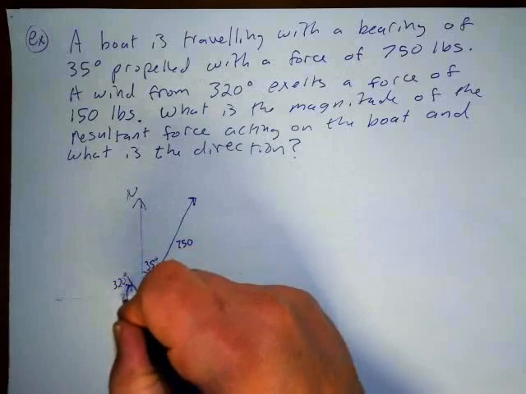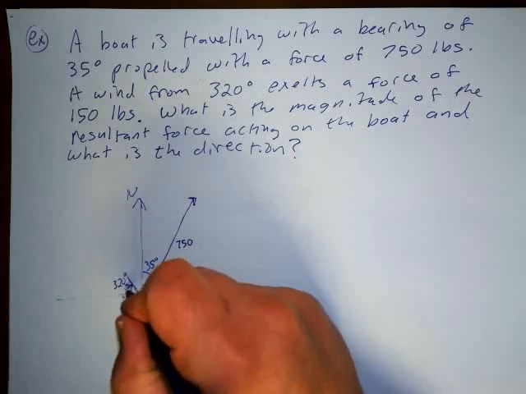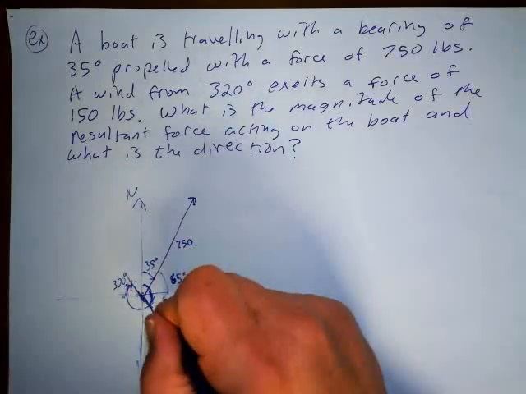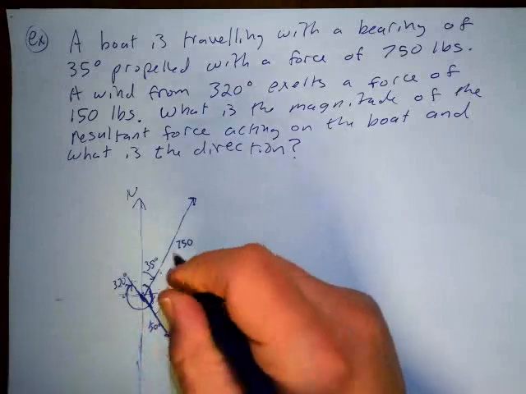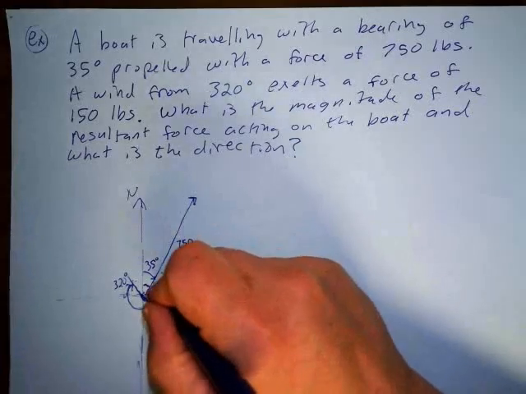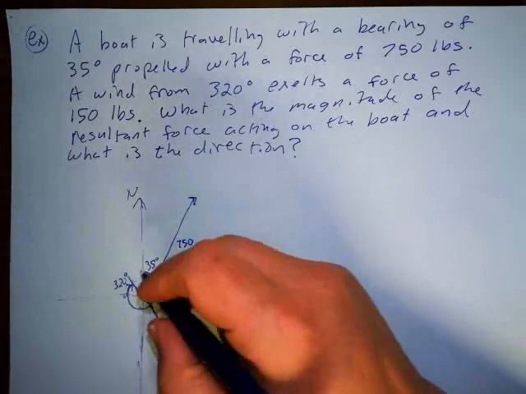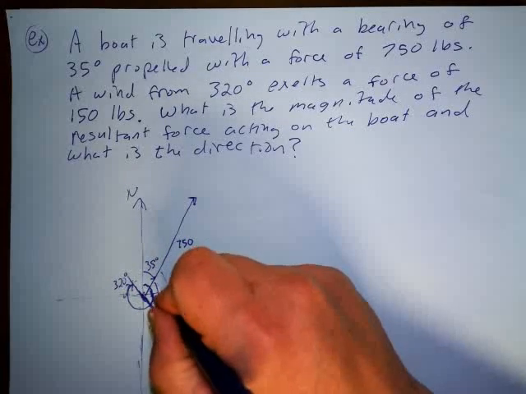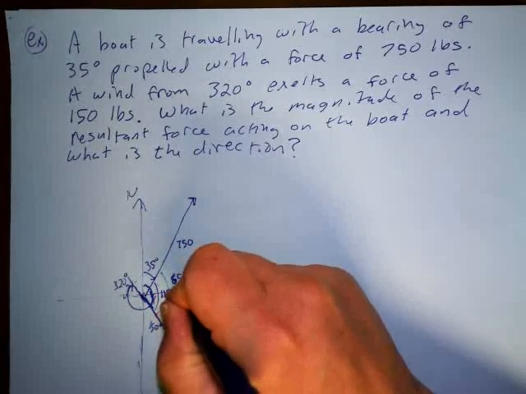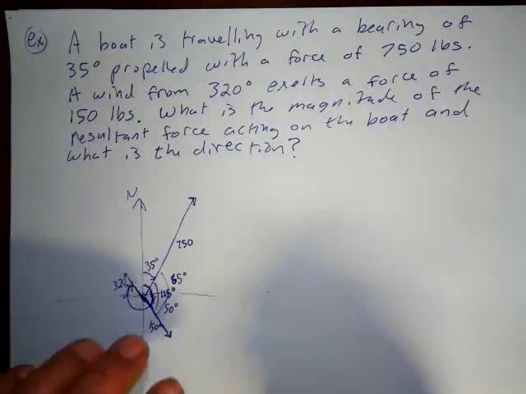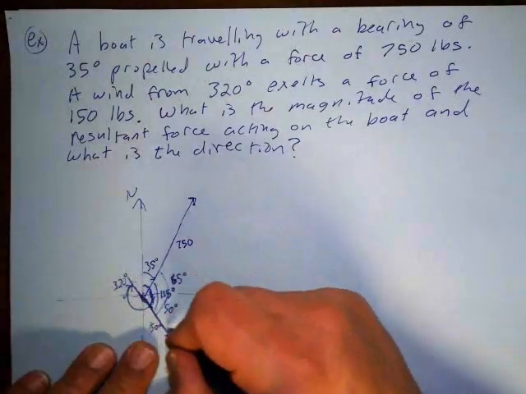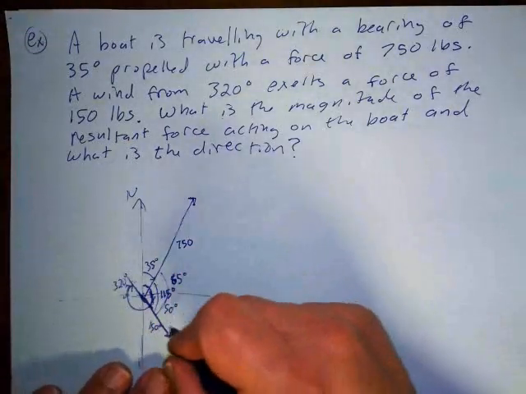Remember, this was 270 to 320, which was 50 degrees, so this is actually 50 degrees here. So the actual angle from here to here looks like it's 115 degrees. That's 115 degrees, not 90 degrees this time, right?